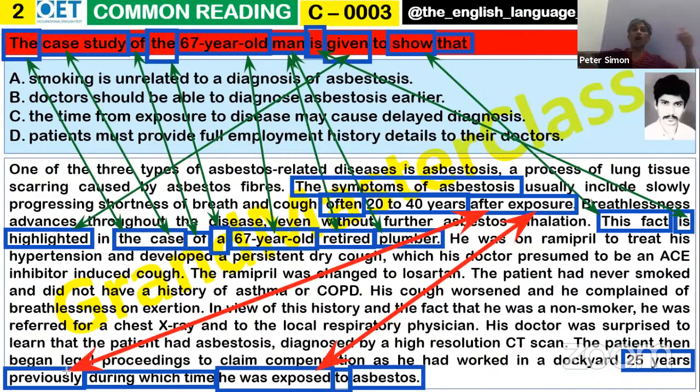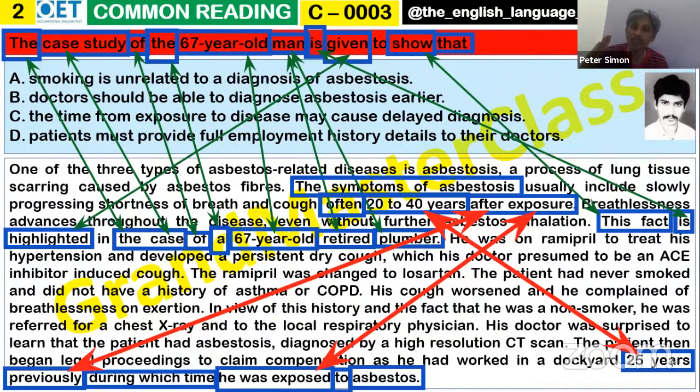These two words, after and exposure. And here there is another point, that is the number. So this example confirms the logic there. That is the reason why there were no signs and symptoms in this particular case.